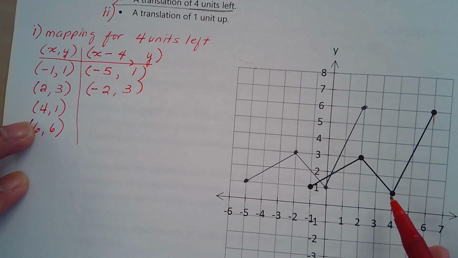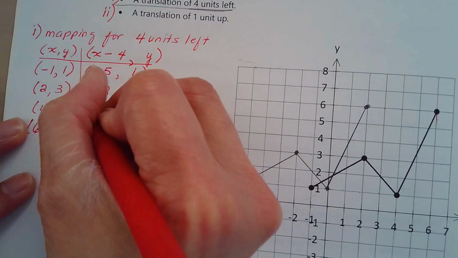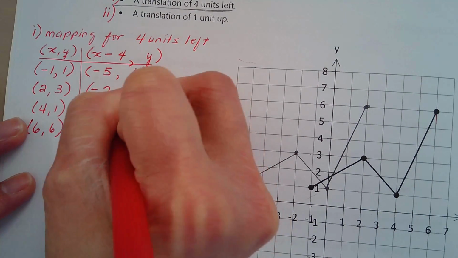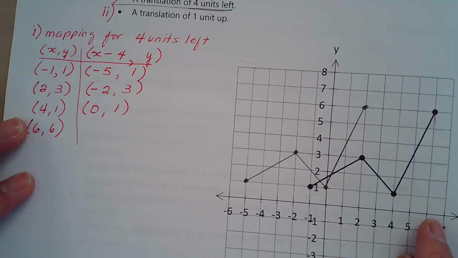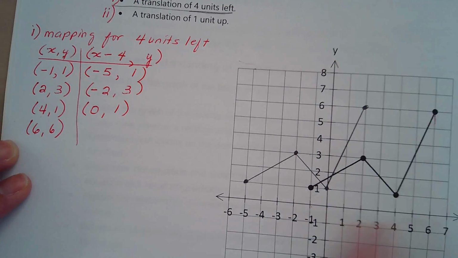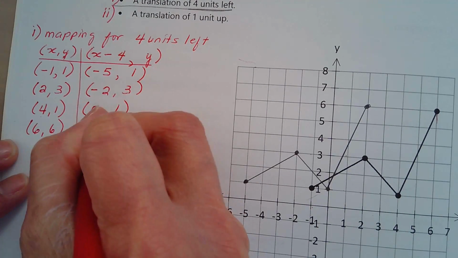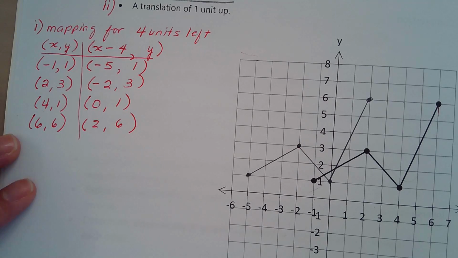It used to be 4, 1, because we've translated to the left, it's going to be 0, 1. And then this one here, it used to be 6, 6. So now it's 2, 6. Okay, so that's the mapping for 4 units to the left.